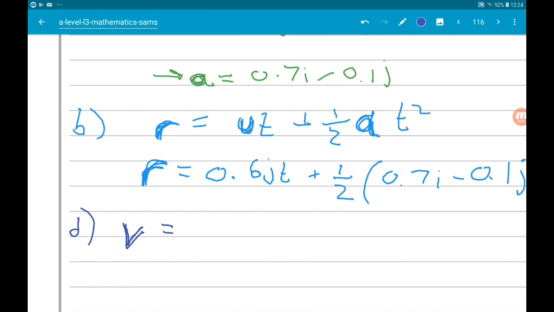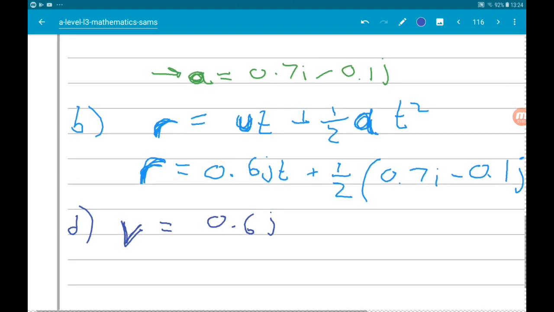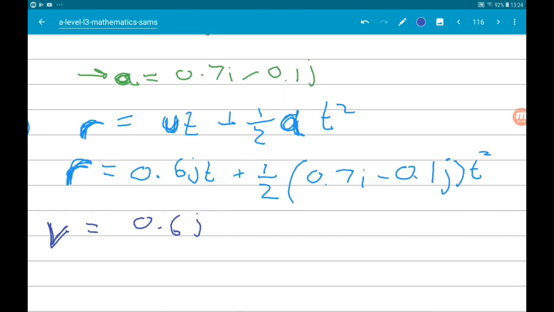So we are going to get 0.6 j. Now, all that we need to differentiate here is the t squared. So we will get 2t, which cancels nicely with the half. So we're going to add 0.7 ti minus 0.1 tj.